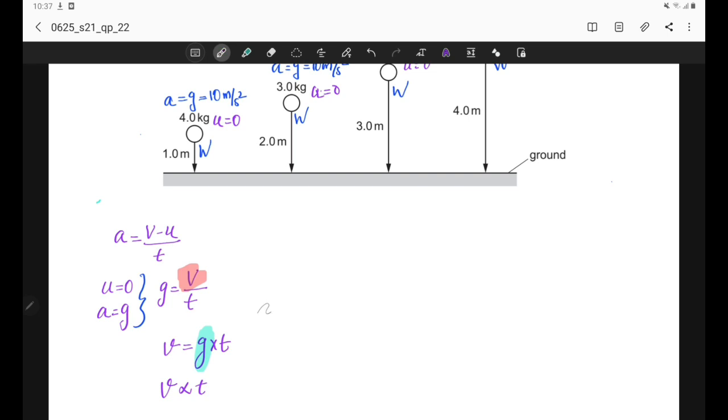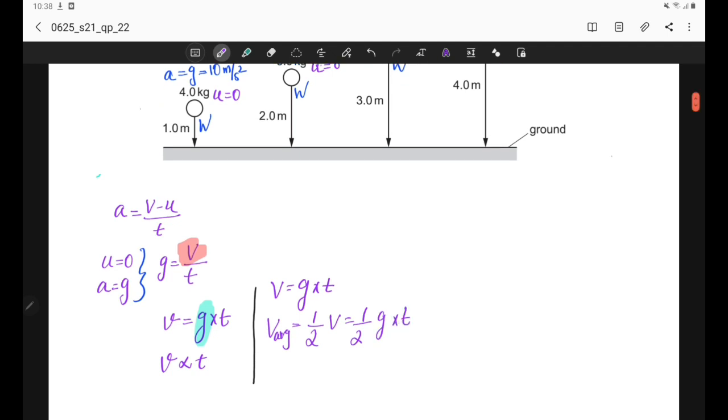Using the same equation, velocity is equal to g times t, and this is the final velocity. But what will be the average velocity? Initial velocity is 0, final velocity is maximum. So the average velocity will be the in-between value, or half the value. So we have to take half of the final velocity, that is g into t.